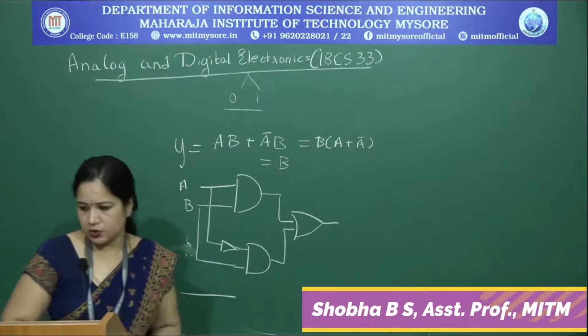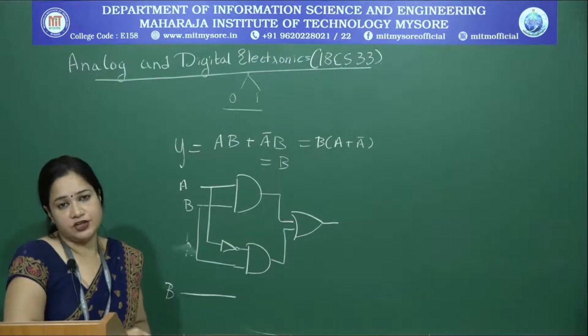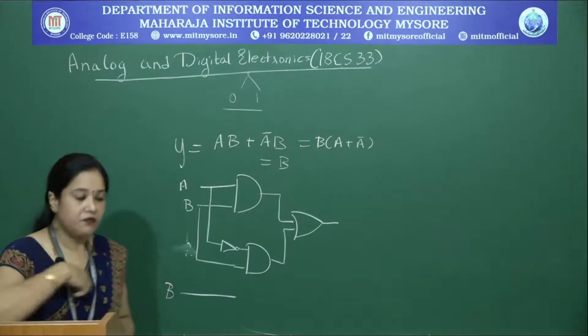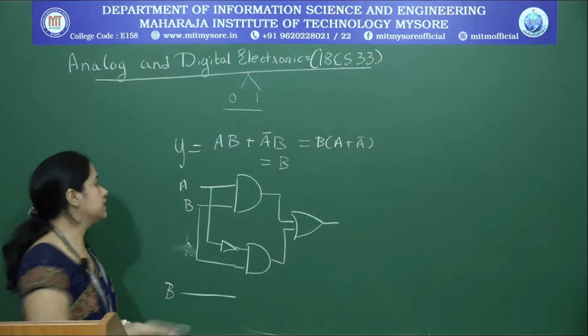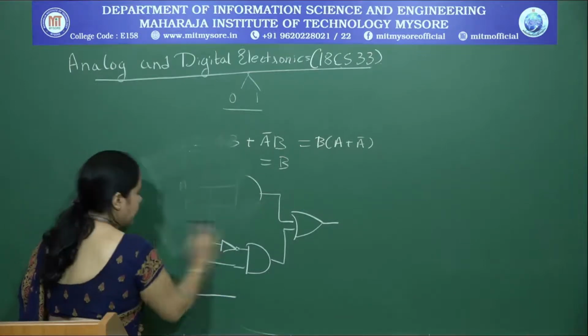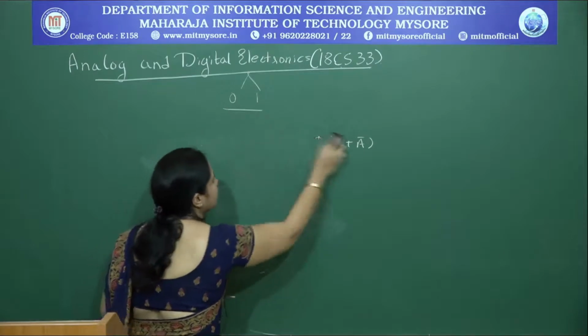So this is only a simple example I took to demonstrate why simplification is required. We have already discussed Boolean algebra in detail in your basic electronics. Now we will discuss advanced approaches used for simplifying a given expression.